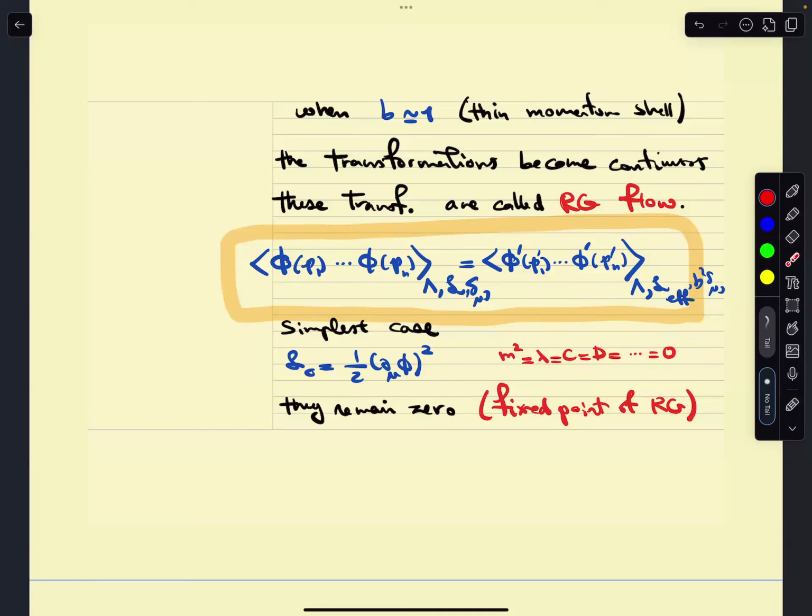But this is all a redundancy of the description. What we just did has purely to do with the redundancy of the description. You could think about it this way. If you have an integral, the value of the integral doesn't depend on the integration variable.